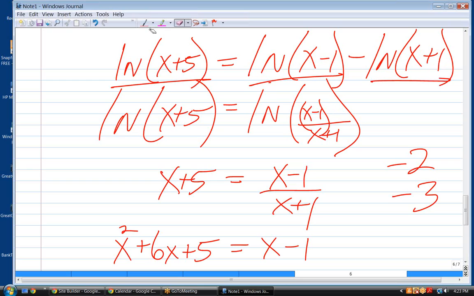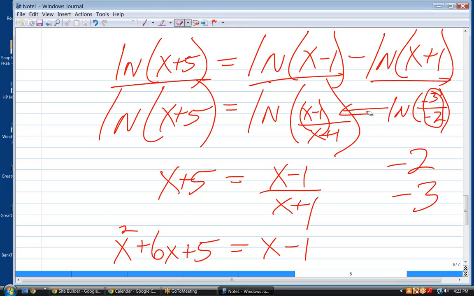Now, notice that if we plug it into that, we don't violate the domain, because you end up with the natural log of minus 3 over the natural log of minus 2. Well, that ends up being a positive number. Negative divided by negative is positive.